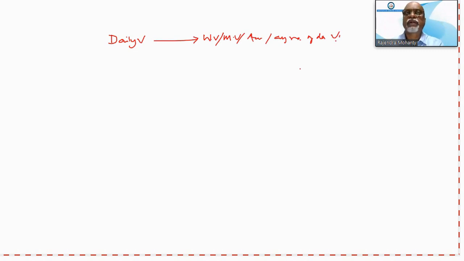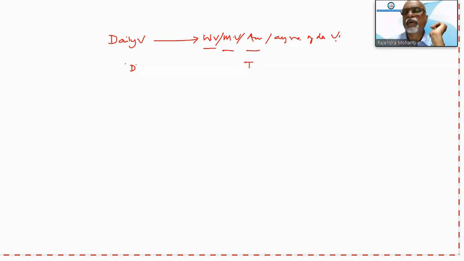In such volatility calculation, if we know the daily volatility amount, suppose this is daily volatility, D. And the question is asking to convert it to weekly or monthly or annually, whatever it may be.